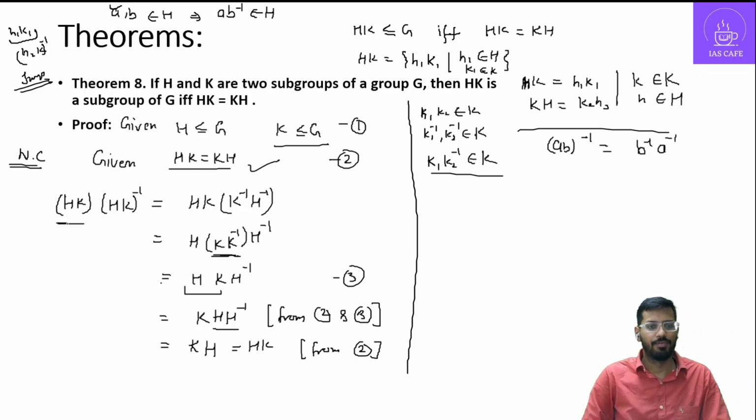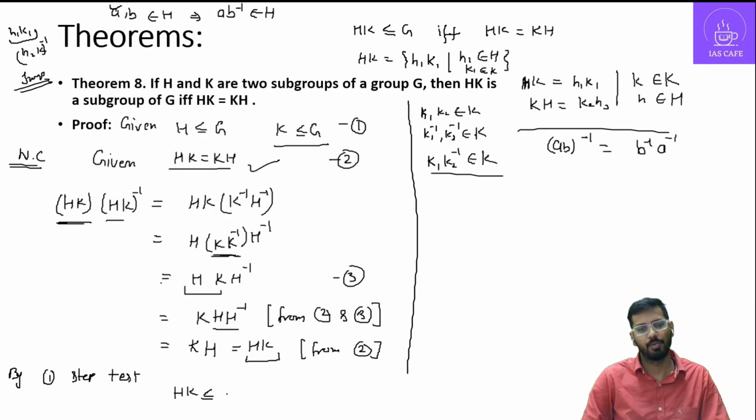So we started with these two elements and we are operating these two elements. We are getting an element in this set HK. That means by one step test, we can say HK is a subgroup of G. That is the necessary condition.